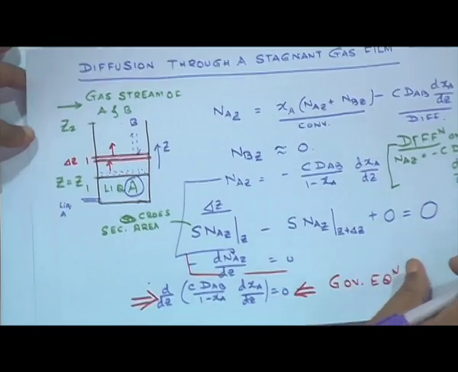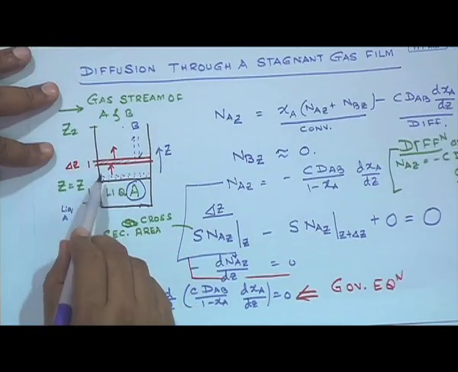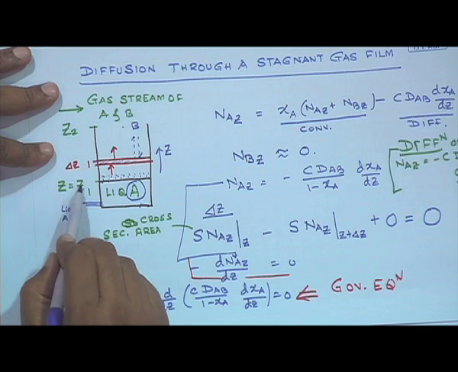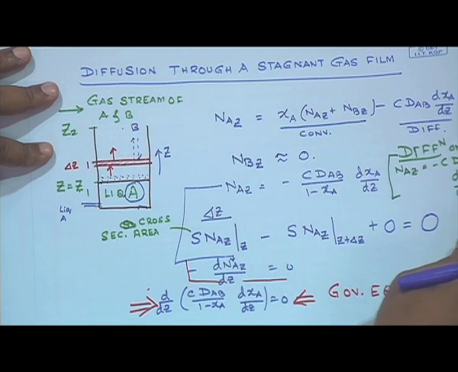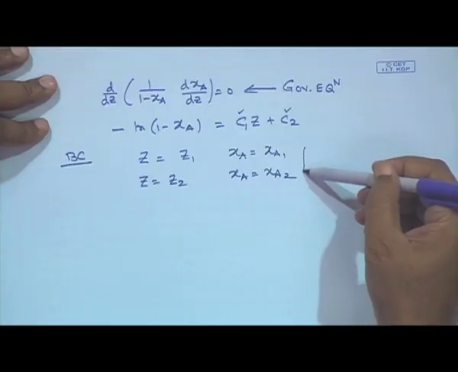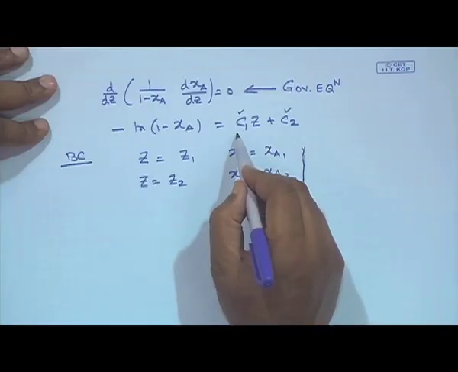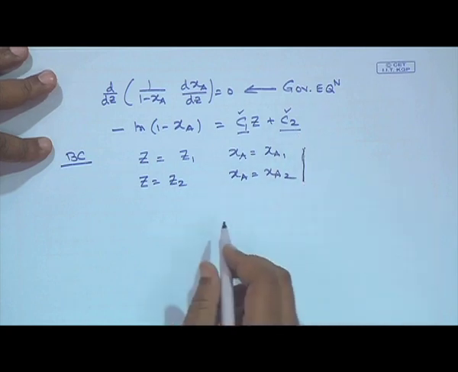So the concentrations of A at these two locations are known, and with the help of these boundary conditions, the constants of integration can be evaluated.